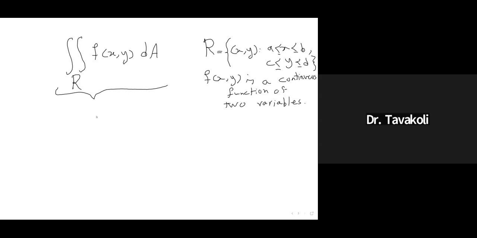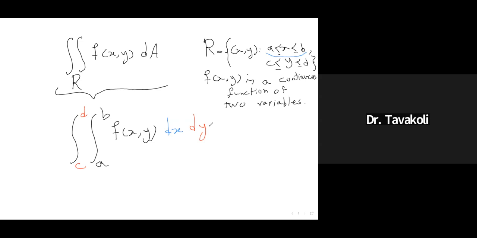One is first, so I have two integrals. First, I compute the integral with respect to x from a to b. Pay attention that x is from a to b. So now dx is done first. And after doing this, the other integral is from c to d with respect to dy.